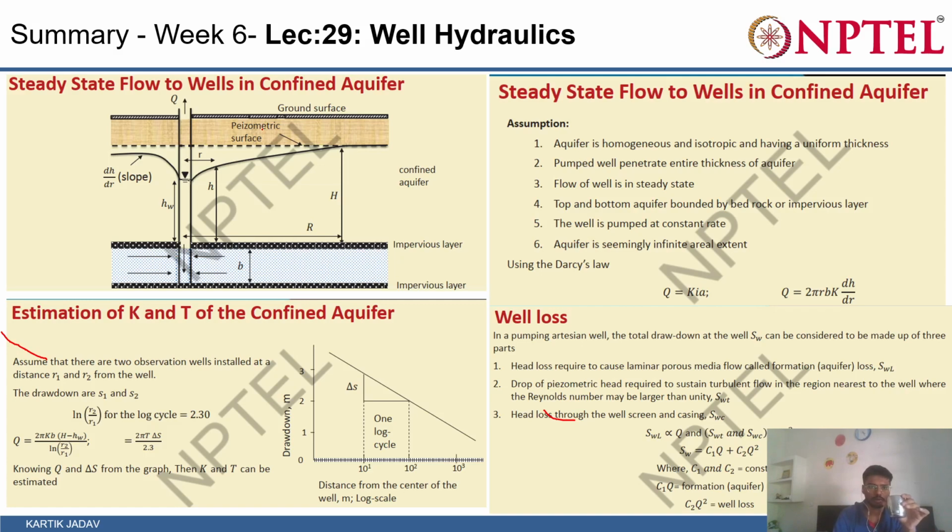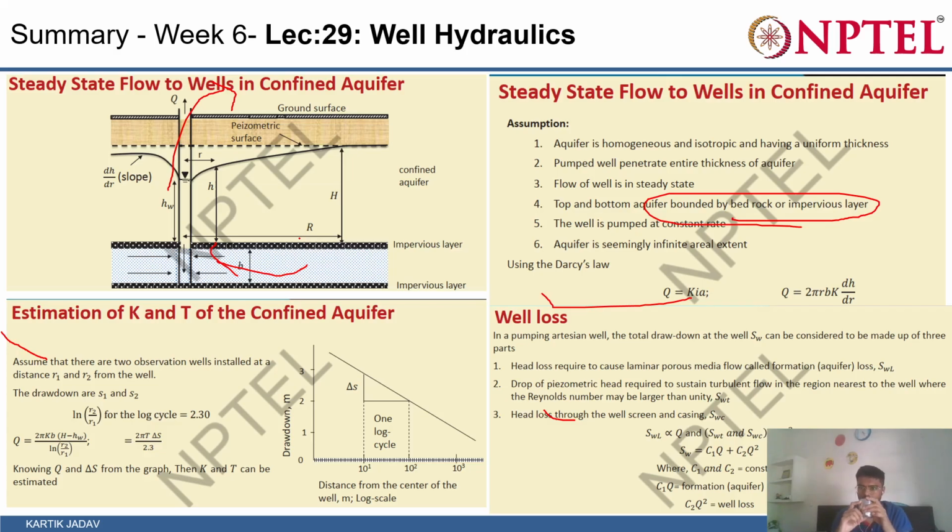It means whatever discharge we are doing from this pumping stage during pumping, it's equivalent to water coming towards the well. The top and bottom of the aquifer are bounded by bedrock. So since this is a confined aquifer, it means its top and bottom layer have confinement.